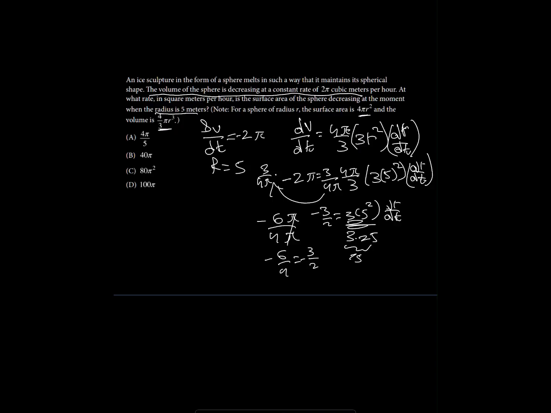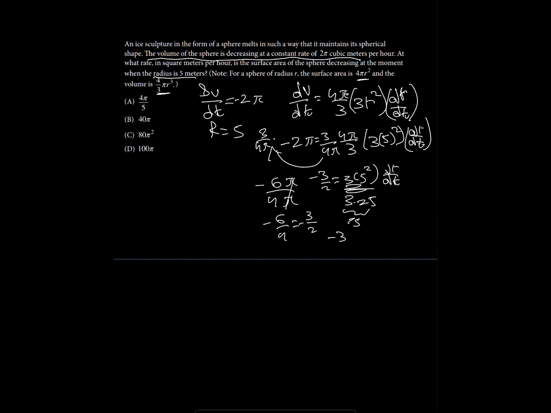And we're going to have negative 3 over 2 equals 75 dr dt. We divide by 75. What we do on one side, we do to the other as well.